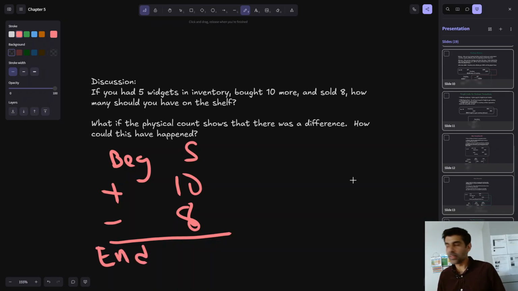Okay, so does everyone agree with this math? Beginning inventory 5 plus 10 is 15, minus 8, 7, right? We should have 7. So in the real world, when you go out there and count, am I always going to find 7 there? Why wouldn't you?